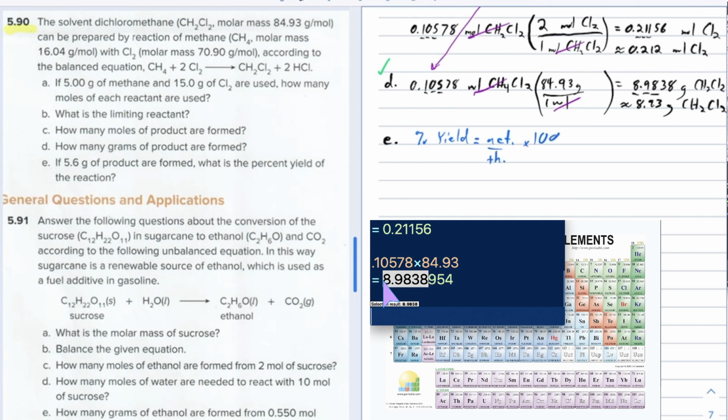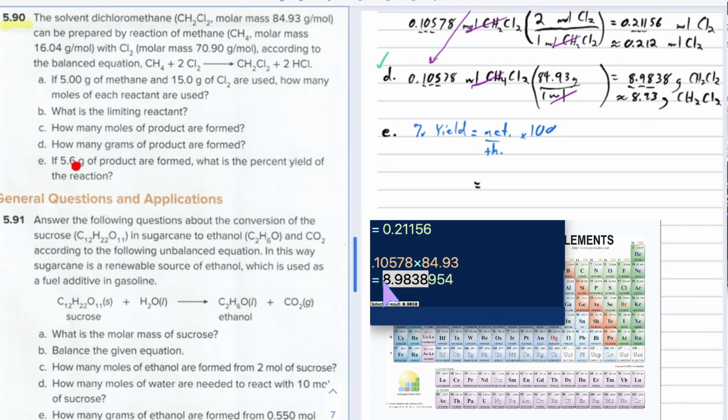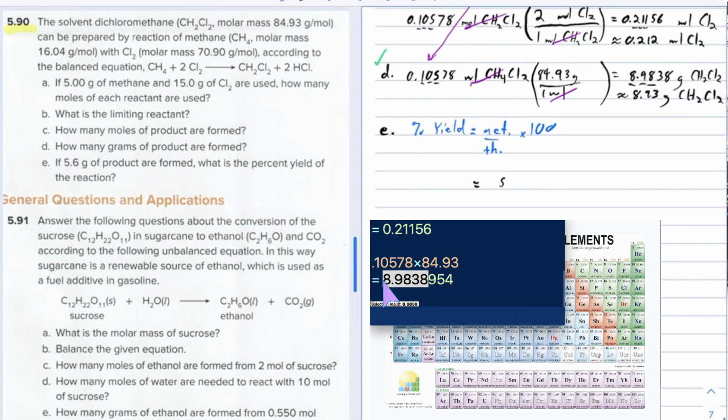So we can plug in these numbers. It's going to be equal to the actual yield. It says, suppose that's what you form. That's the actual yield. 5.6 grams. Okay, times 100 divided by theoretical yield.